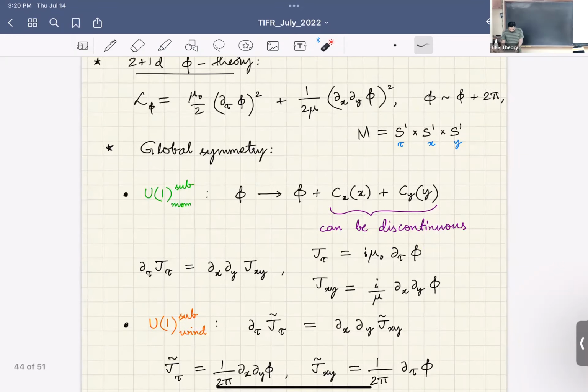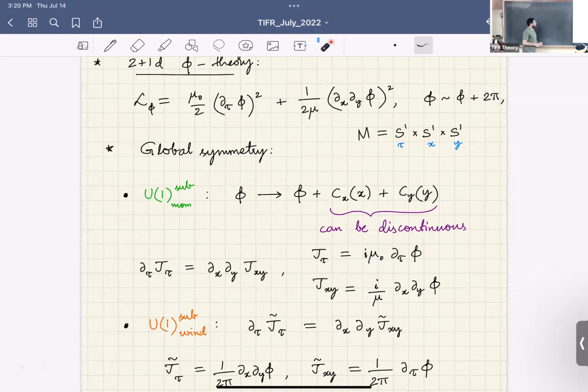And there is a momentum subsystem symmetry where phi is shifted by a function of x plus a function of y, and these functions can be discontinuous. And we can construct the Noether currents for this momentum subsystem symmetry that are given by this. And they satisfy a conservation equation, which is not a standard conservation equation, but it's what it is.